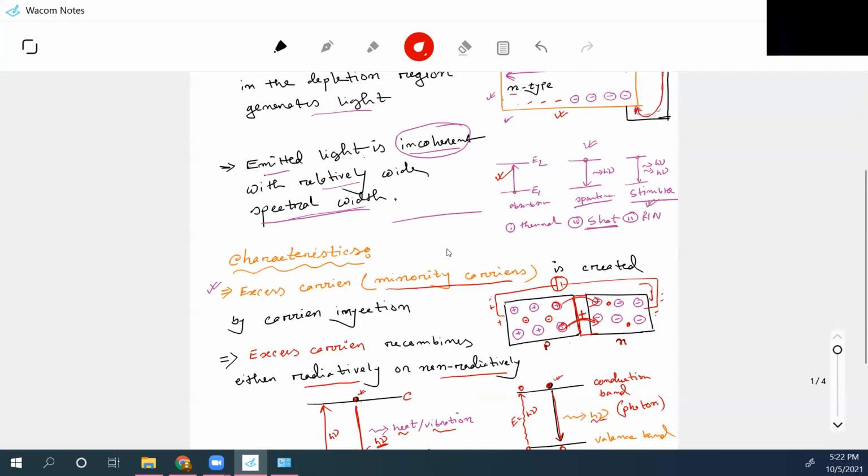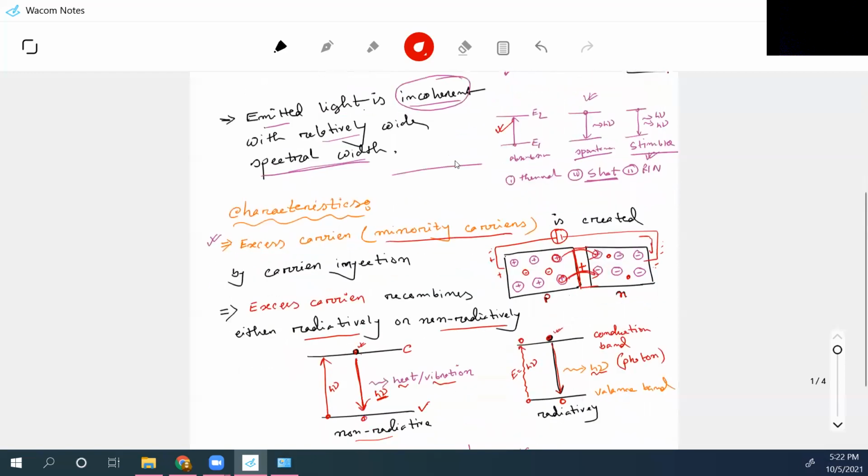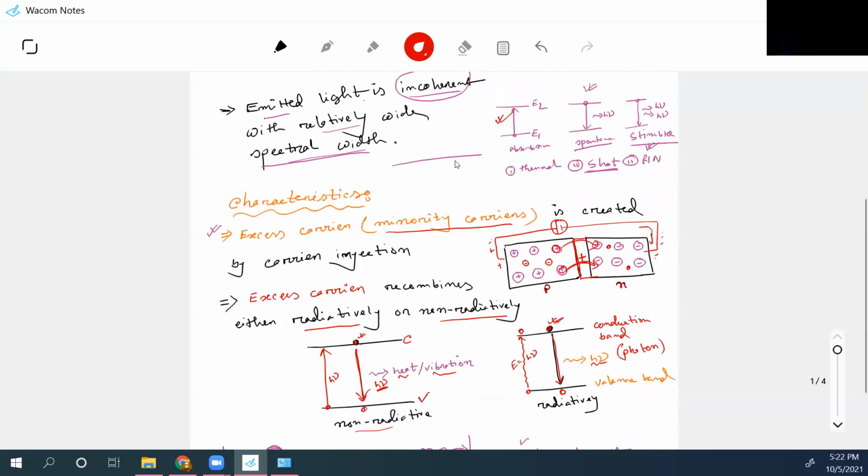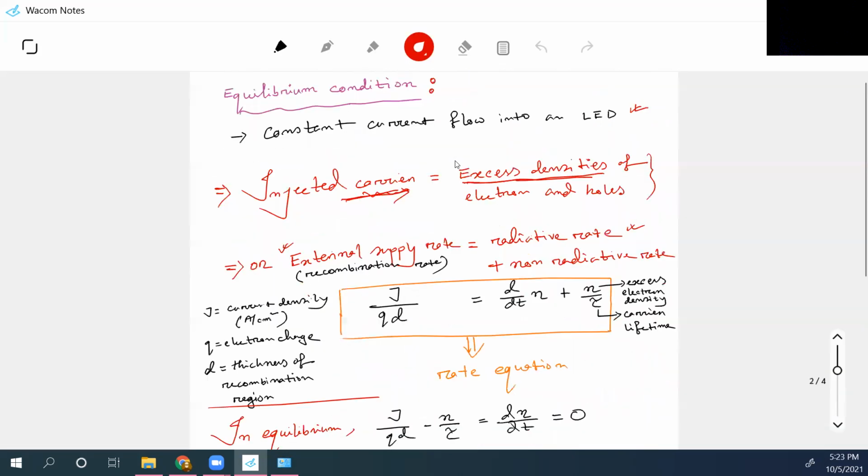This recombination can happen both ways. When it recombines, the higher energy of the electron falls down to the lower energy. It may be released as a photon, or as heat, which we call a phonon, non-radiative.